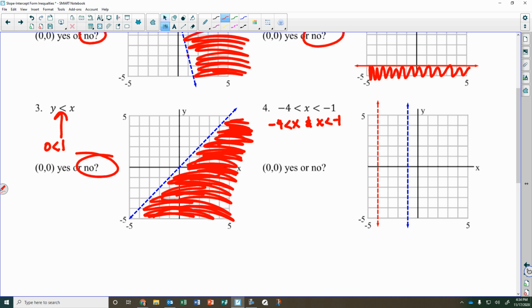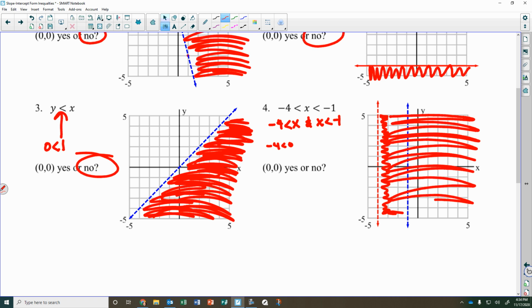So again, if I were to plug a 0 in here, 0 is greater than -4, right? So where the red line is, I'm going to shade to the right of that. And technically, if this blue line wasn't here, we would be shading all this area.